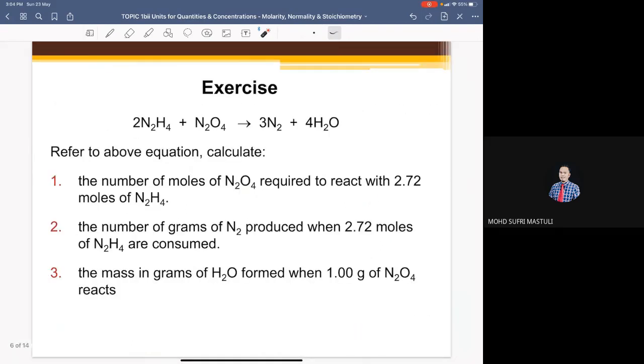All right, the next question is asking what is the number of grams of N2 produced when 2.72 moles of N2H4 is consumed.